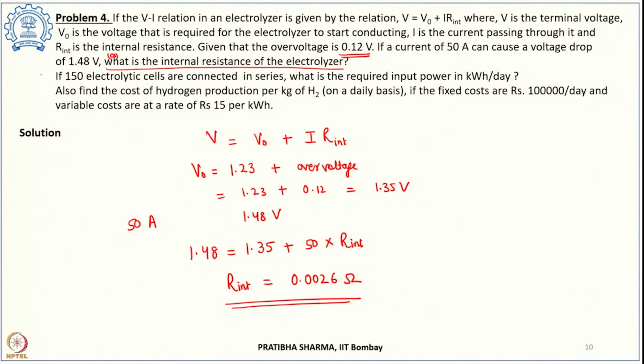Now the second part says if we have an electrolyzer with 150 electrolytic cells connected in series, we have to find out the required input power, and that has to be found in kilowatt hour per day.